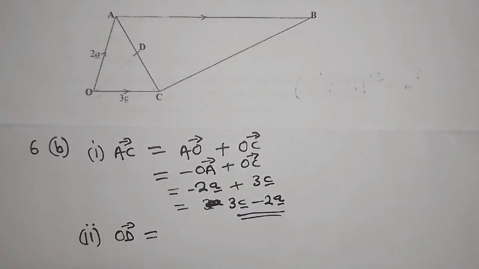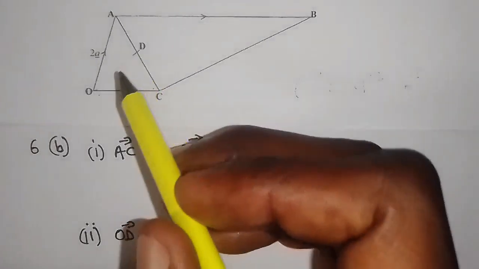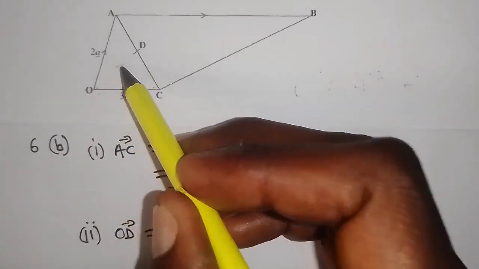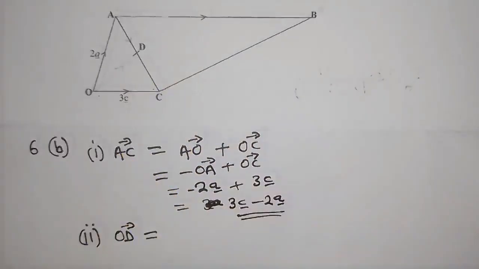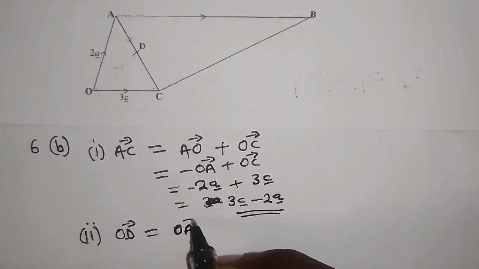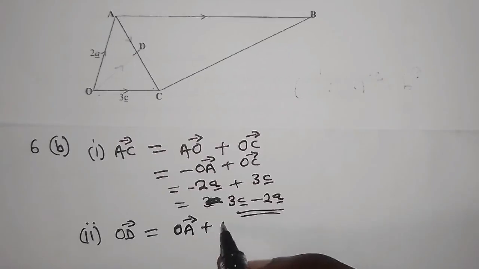We can move like OD equals OA, and then we come back to that one. So OD equals OA plus AD.